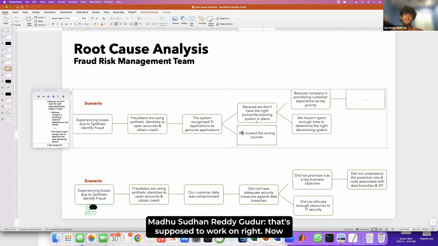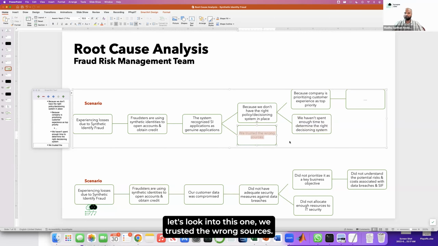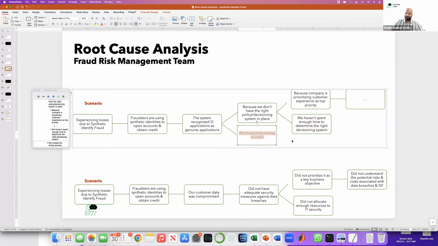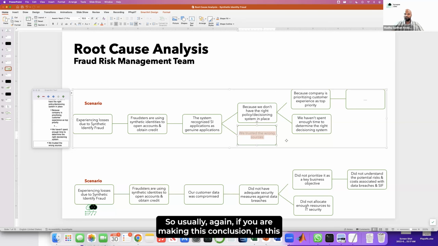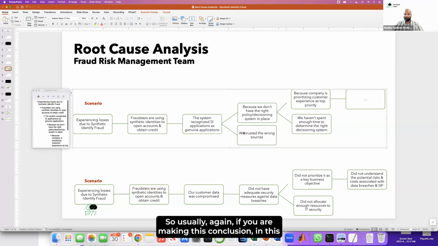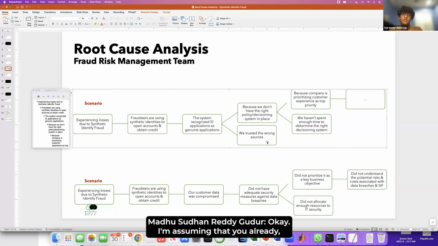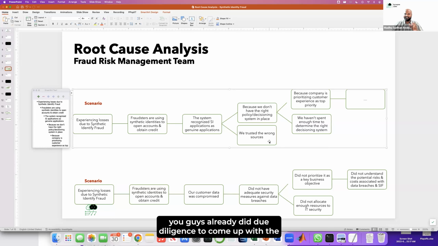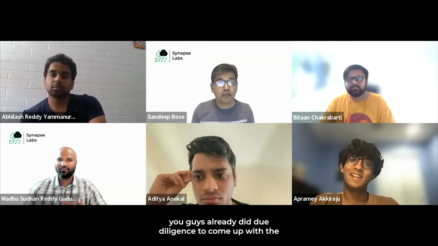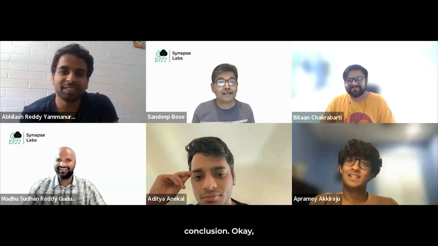Right. Now let's look into this one: we trusted the wrong sources. Usually, if you are making this conclusion in this assessment, it means that it is already backed up by some data. I'm assuming that you already did due diligence to come up with the conclusion.